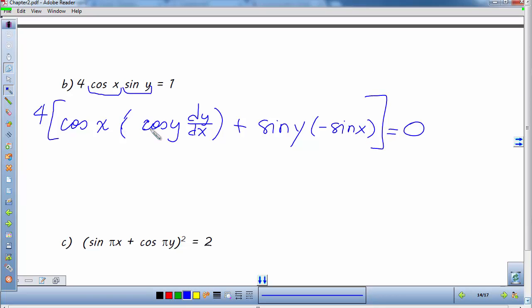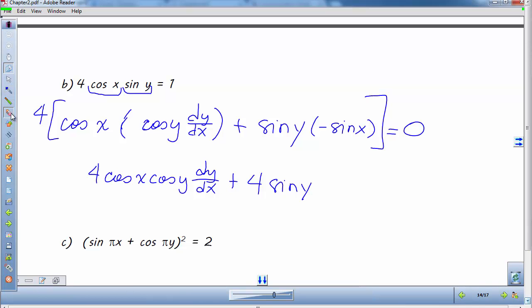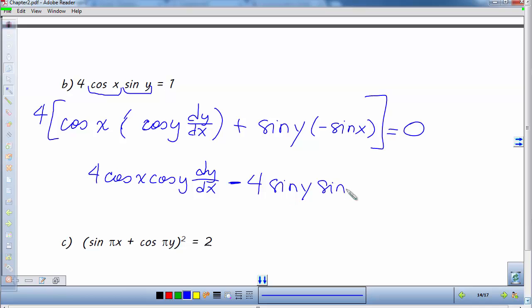So I'm going to say 4 cosine x cosine y dy/dx, and I'll say plus 4 sine y, and actually instead of this being plus, it's going to be minus because of that. So minus 4 sine y sine x equals 0.